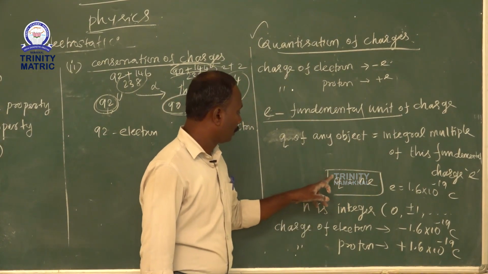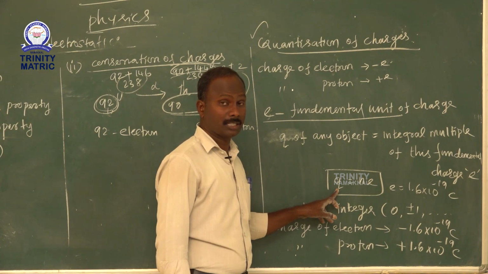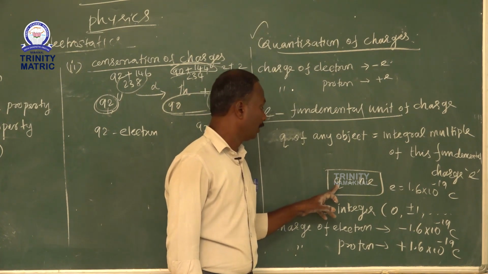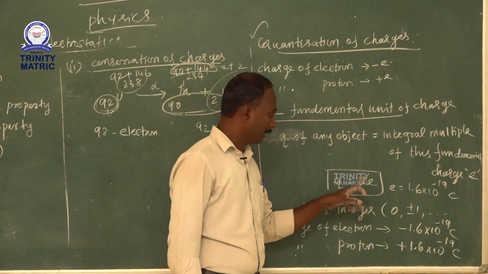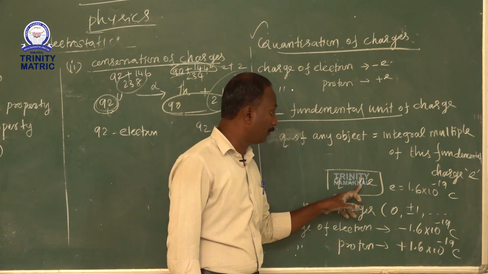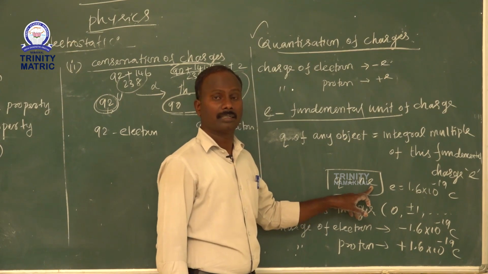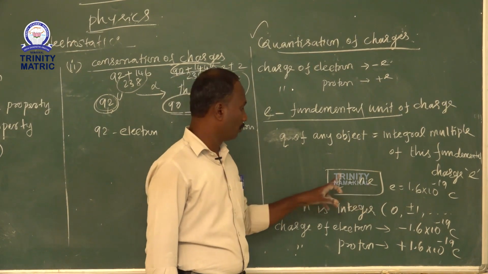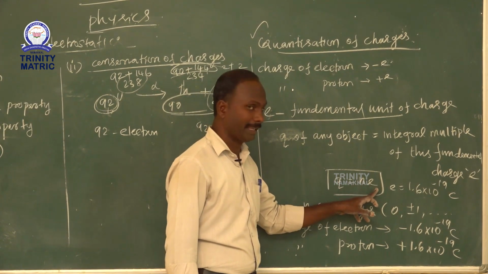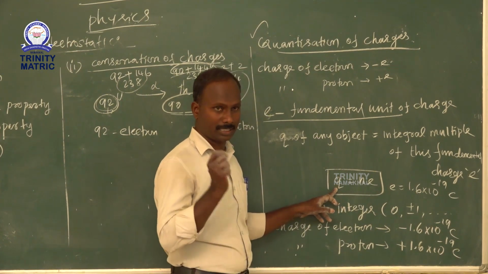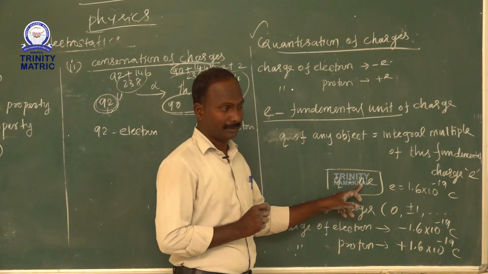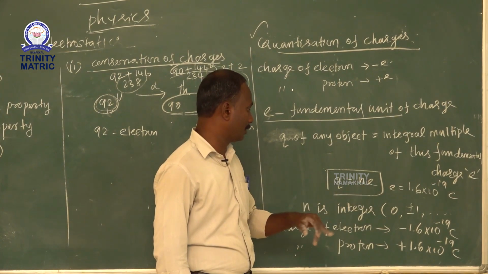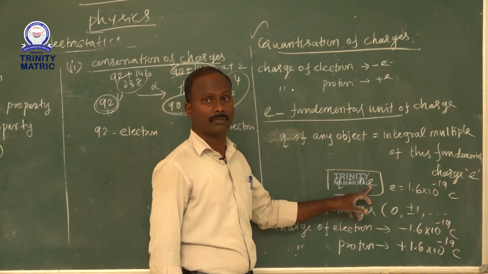So the quantization of charge of the object is Q equal to n e. n is the integral multiple of e, the fundamental unit of charge. Q is the charge of the object. n is an integer, that is the integral multiple of charge. e is the charge of electron.